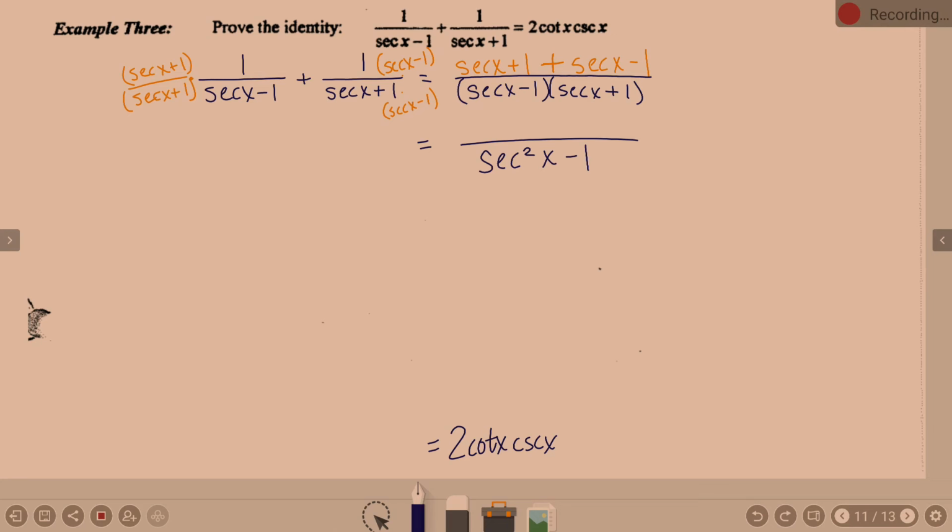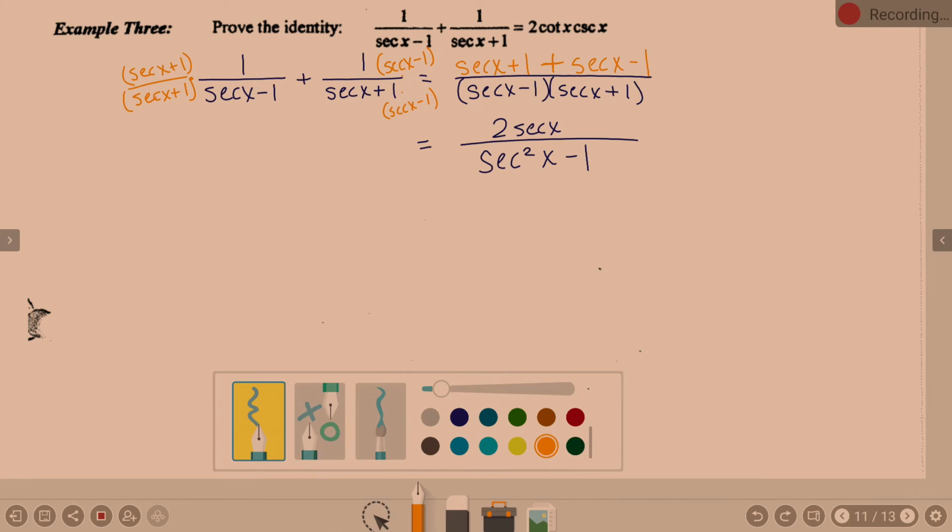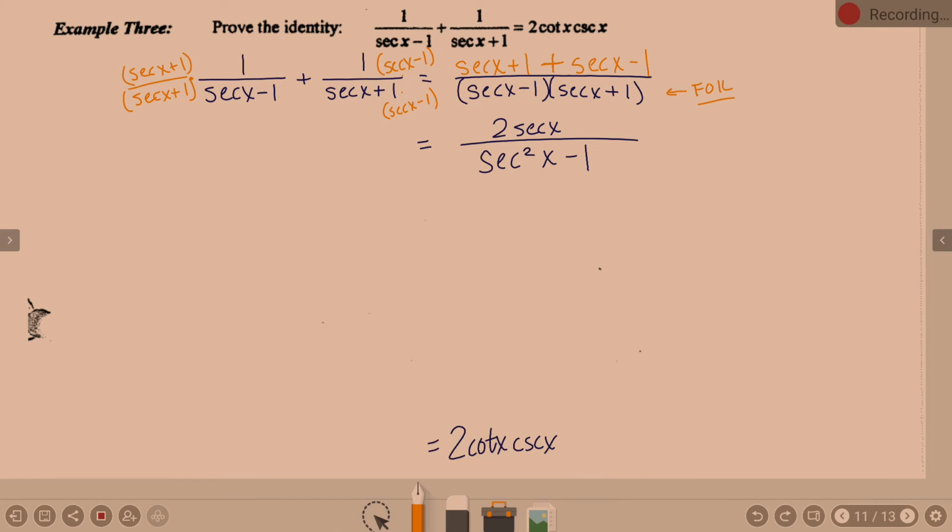What is secant x plus 1 plus secant x minus 1? Secant x plus secant x is 2 secant x. And the 1 minus 1? Cancel. 0. Okay. We did FOIL that denominator if you need to make a note to yourself.